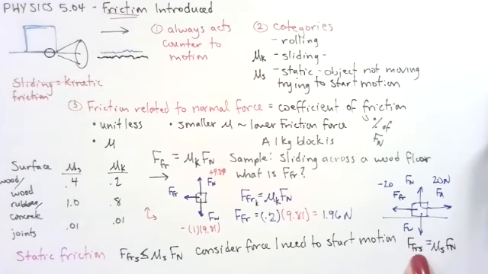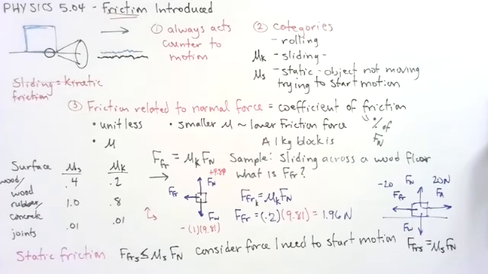Am I going to have the same friction force? No. So this is when motion starts. But I can have a friction force that's less than what I need to get started. So this could be negative 1 newton, negative 5 newtons, negative 8 newtons.